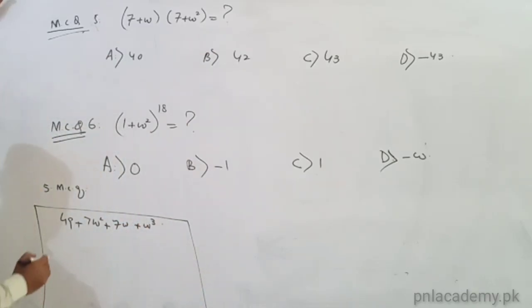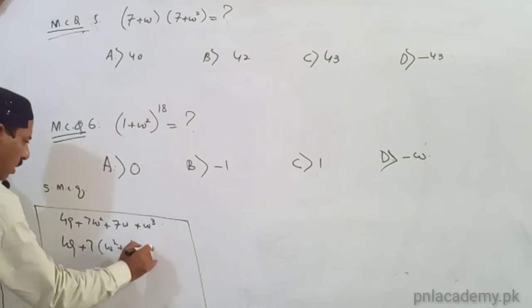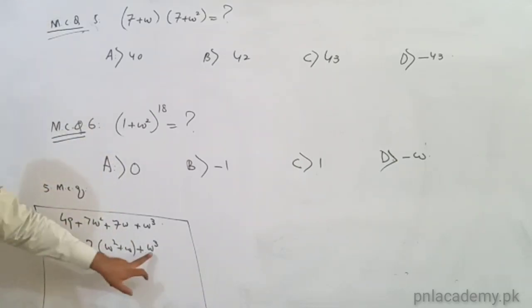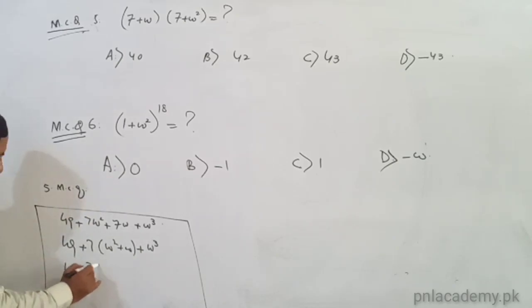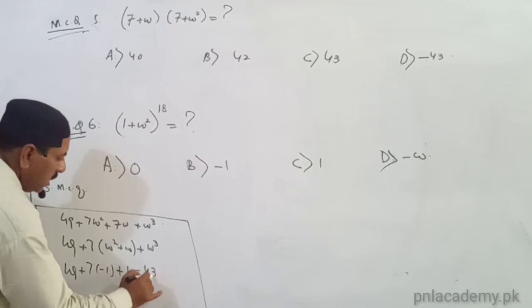So 49, 7 is common, omega plus omega square plus omega cube. The value of omega plus omega square is minus 1, and the value of omega cube is 1. So this will be 49 plus 7 into minus 1 plus 1. So 49 plus 1 is 50, 50 minus 7 is 43. So 43 is the correct answer.